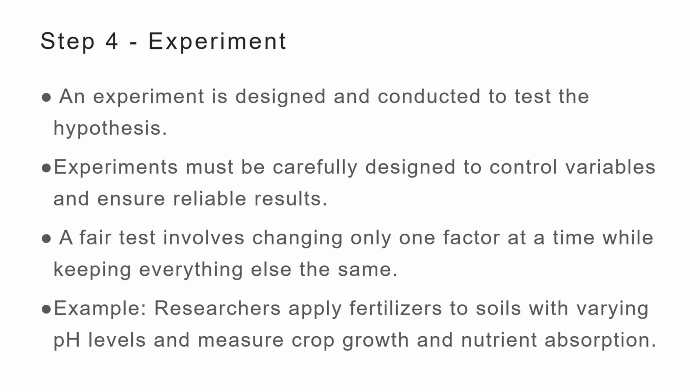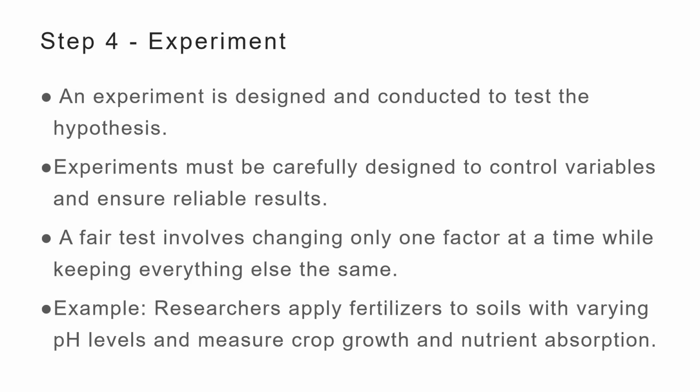It means we change only one factor at a time while keeping everything else the same. This is called a fair test. In our example, scientists would apply fertilizer to soil with varying pH levels and measure crop growth and nutrient absorption.